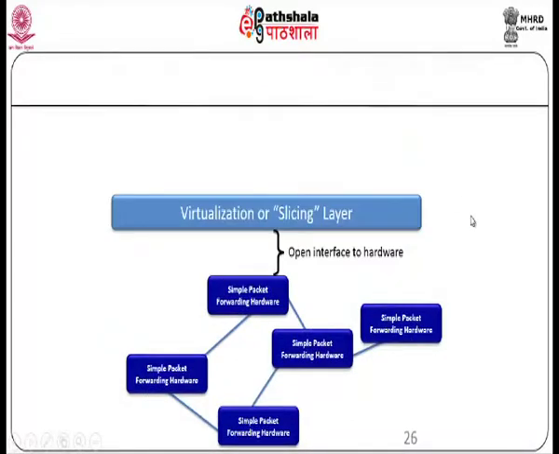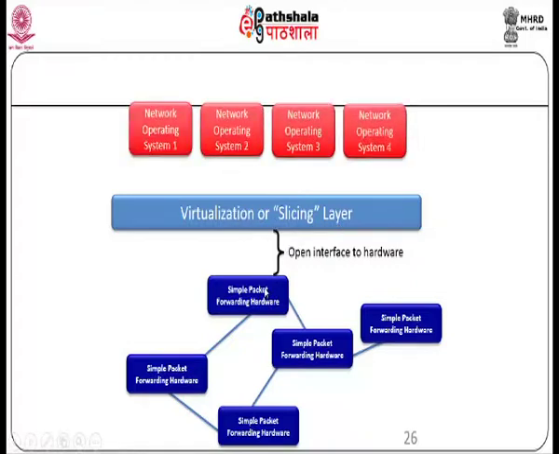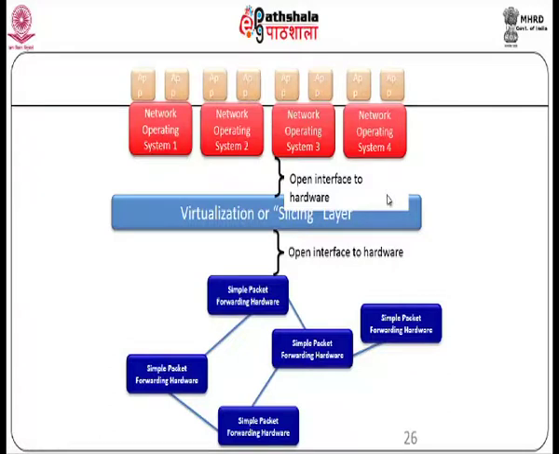Okay. So, how is that basically done? We have the packet forwarding hardware, and there is a virtualization or slicing layer that we talked about, the open interface to hardware, and then we have the network operating system that is provided. We have multiple operating systems and different applications running on top of that. And as we said, this will give me an open interface to the hardware between these two, and you can have isolated slices.